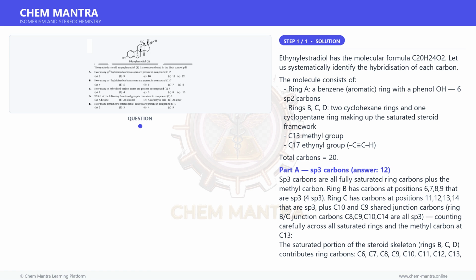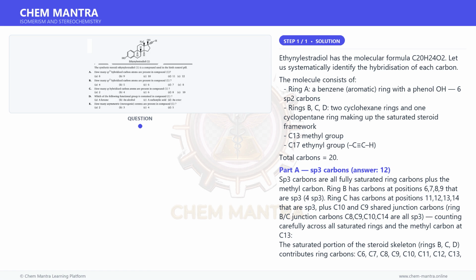Let me recount. Ring D carbons are C13, C14, C15, C16, C17, all sp3. Ring C carbons, C8, C9, C11, C12, C13, C14. C13 and C14 are shared with ring D. Ring B carbons, C6, C7, C8, C9, C10, C11.